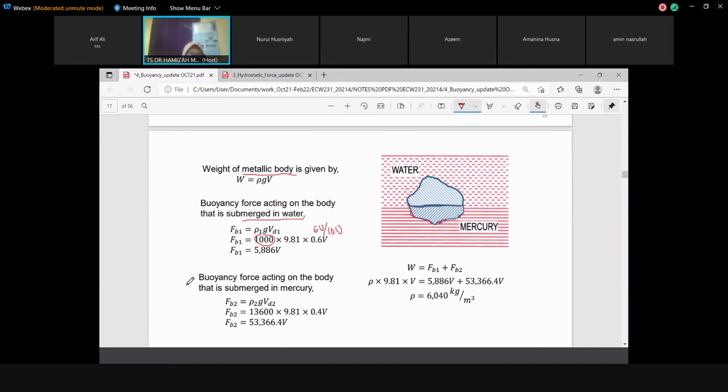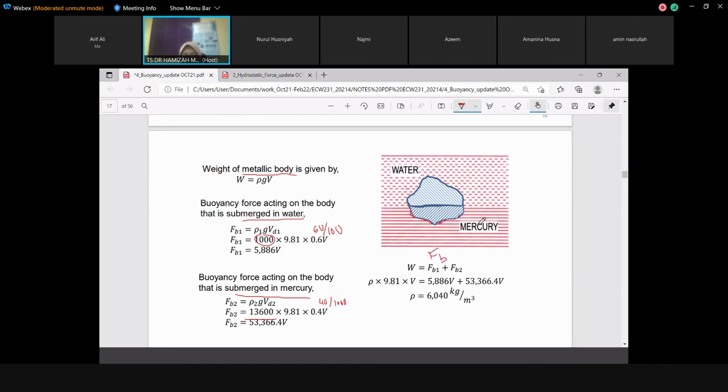And then we calculate the force acting when submerged in mercury. Density is density mercury. The volume is 40%. So we also have unknown V for submerged in mercury. And then weight equals to FB. So here we have 2 types of density.